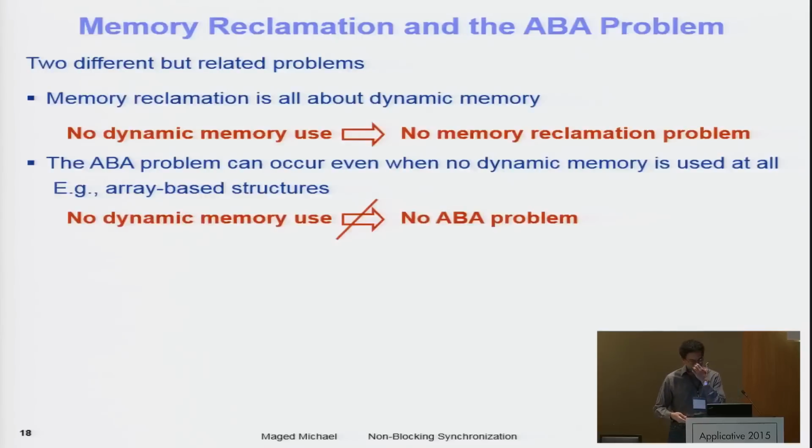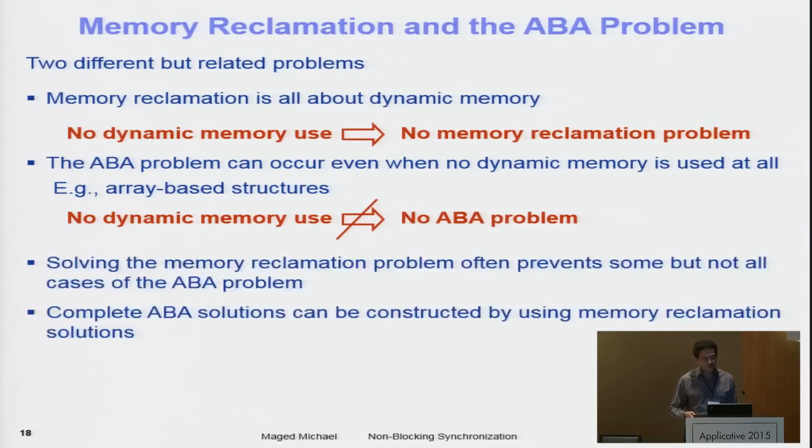So quickly, just to say on the relation of memory reclamation to ABA: they are very different problems. One of them applies to dynamic memory. The other, ABA, can apply where there's no dynamic memory and still happen. But basically the relation between them is that solving the memory reclamation problem often solves the ABA problem.